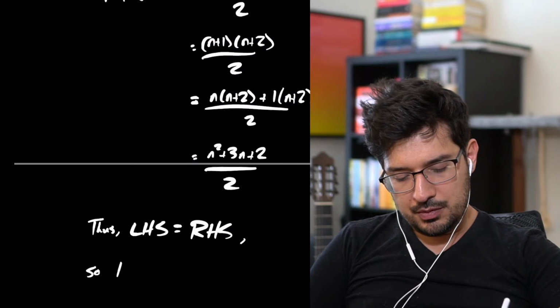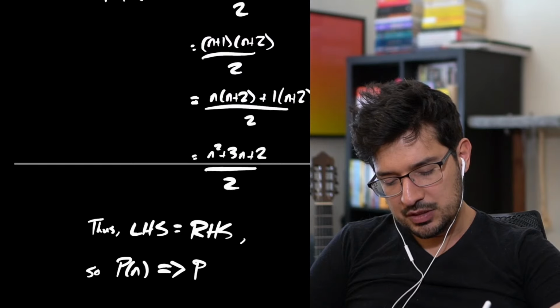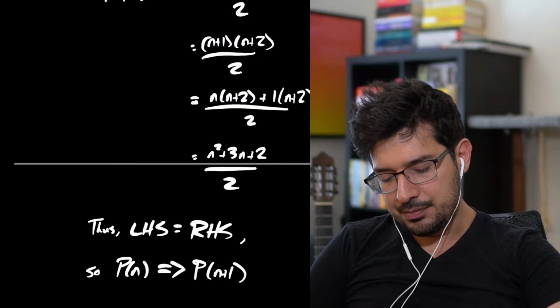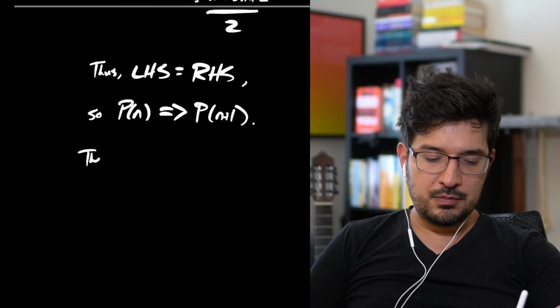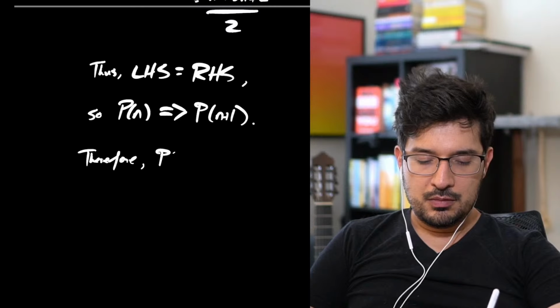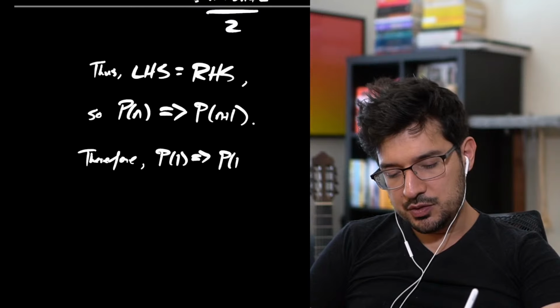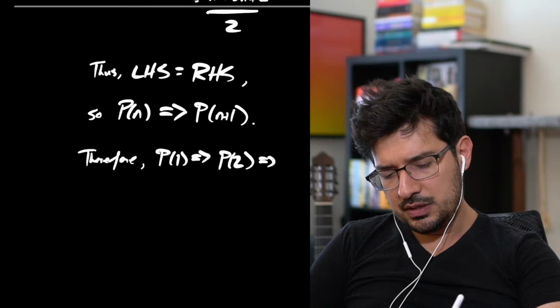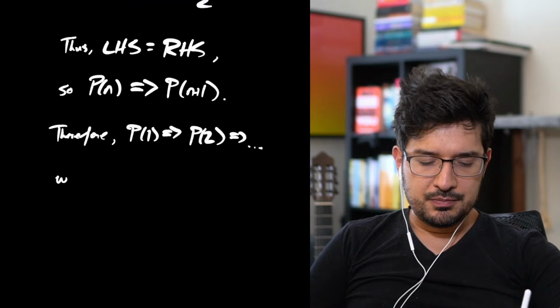So, the proposition being true for n implies that the proposition is also true for n plus 1. Therefore, the proposition is true for 1, it's true for 2, it's true for every number, and we are done.